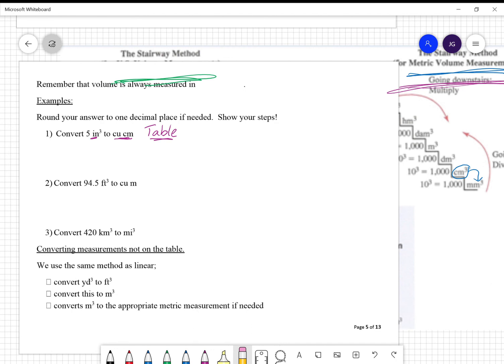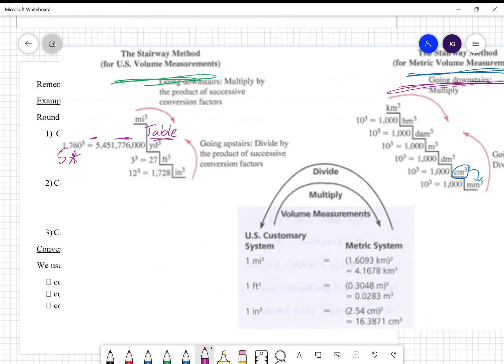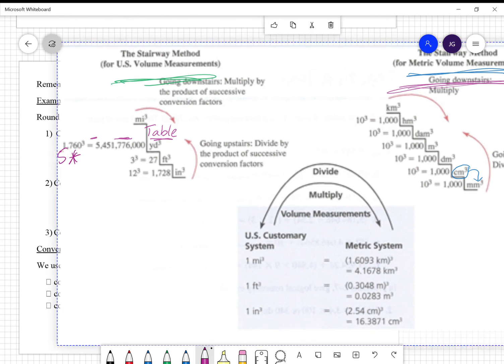So I'm going to take 5 times, I have to see that table, 16.3871.